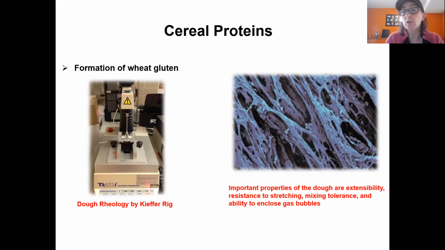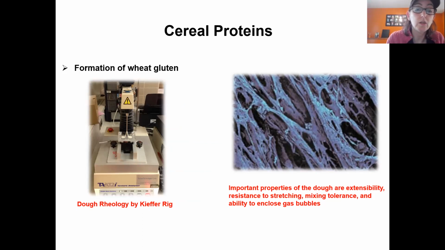So the way we measure the viscoelastic properties of the dough is by a texture analyzer and a Kiefer rig. That's one way of measuring rheological properties. There are many ways. Farinograph is one way of measuring the rheology of the dough.